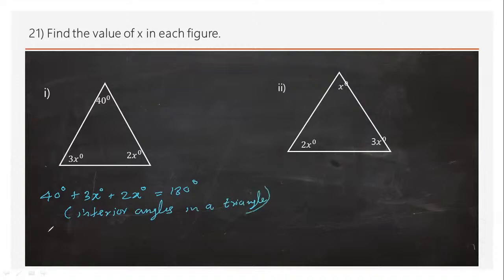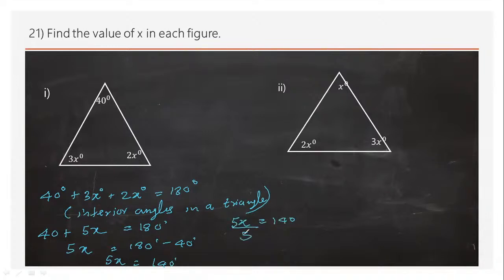Then 40 plus 3x and 2x here, 5x equals 180. 5x equals 180 minus 40. 5x equals 140. Then 5x equals 140, both sides divide by 5.